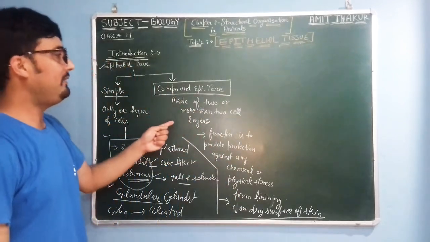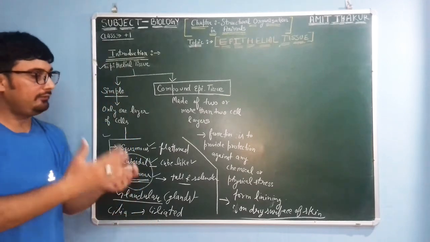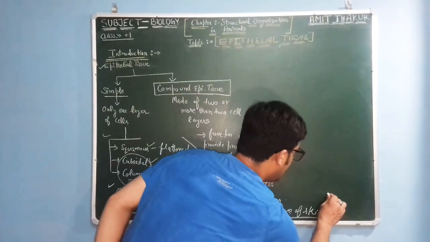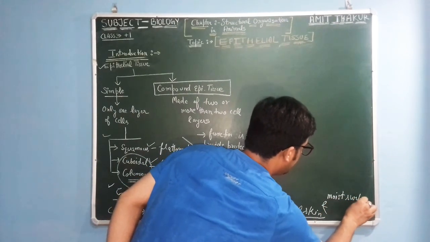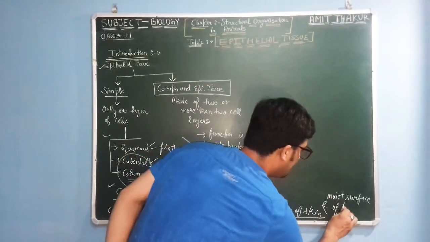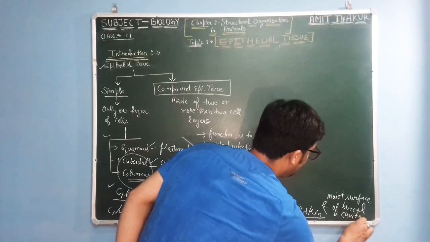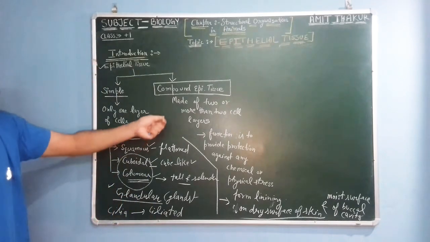So this compound epithelial tissue lines the dry surface of the skin and the moist surface of the buccal cavity and pharynx etc. यानी मेन काम क्या है कंपाउंड एपिथेलियल टिश्यू का?